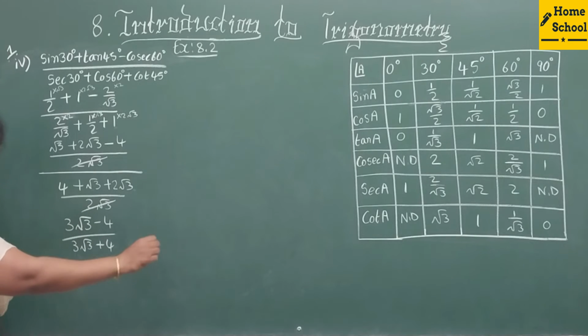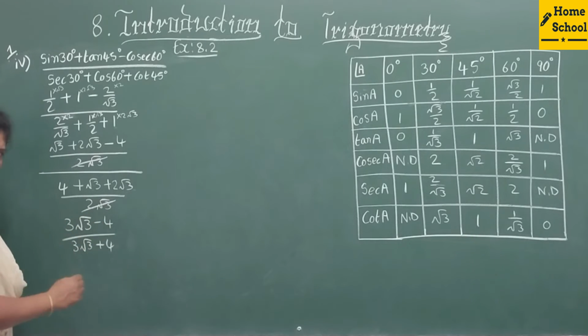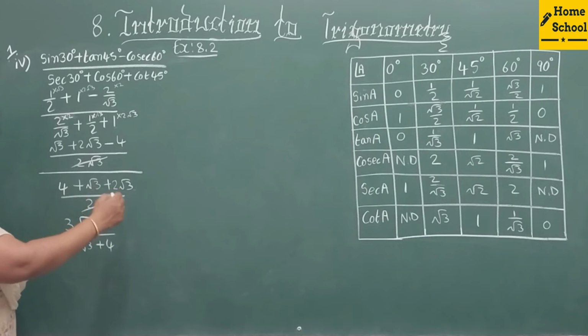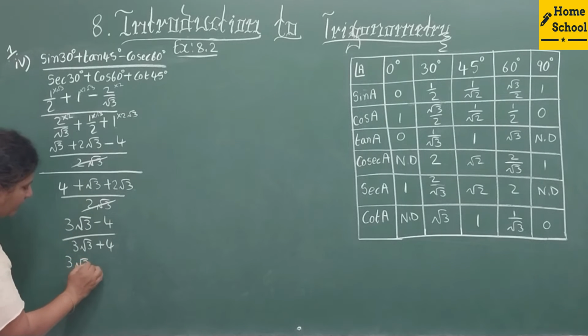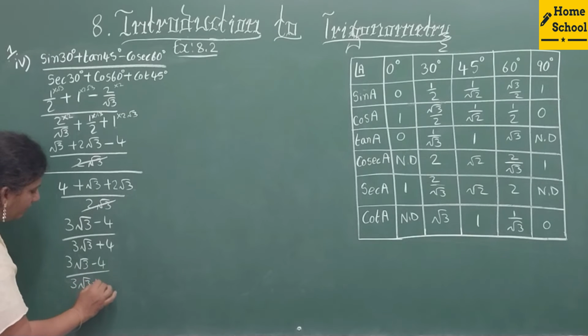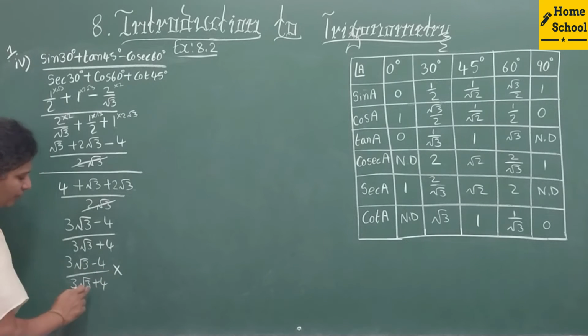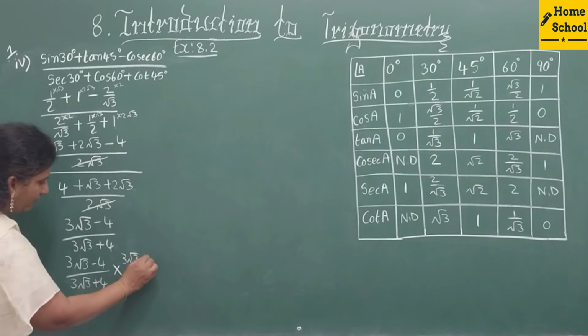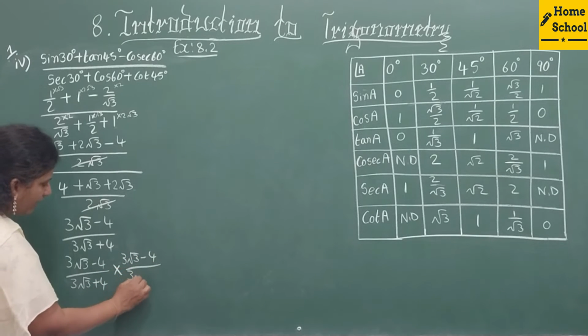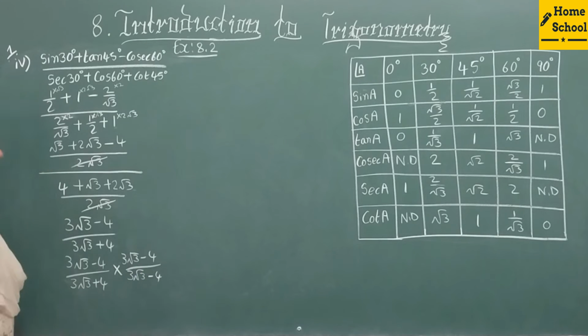So write all those statements, children. I am writing directly: 3 root 3 minus 4 by 3 root 3 plus 4, into, what is the conjugate of this denominator? 3 root 3 minus 4 by 3 root 3 minus 4.